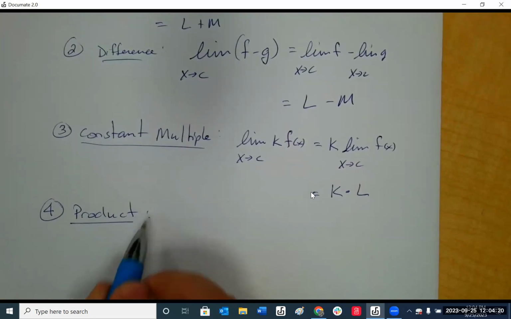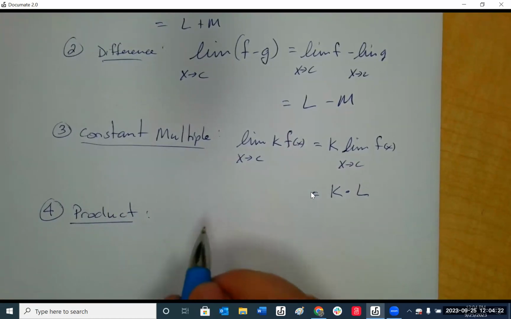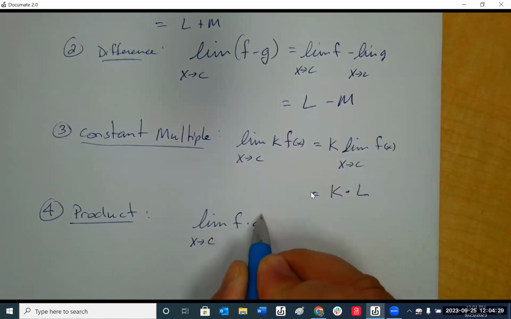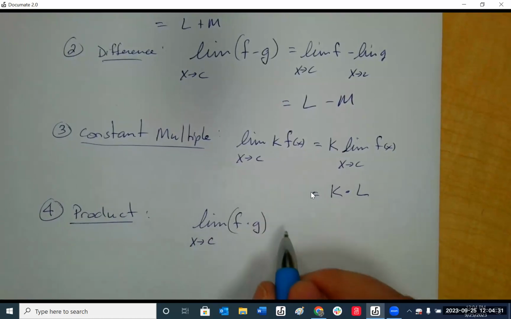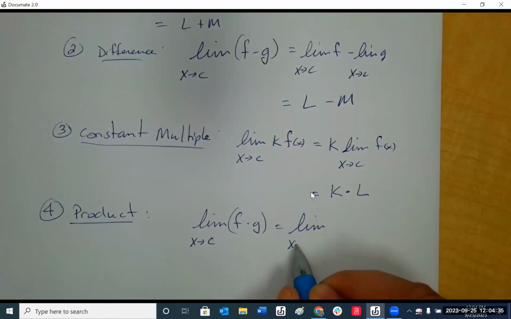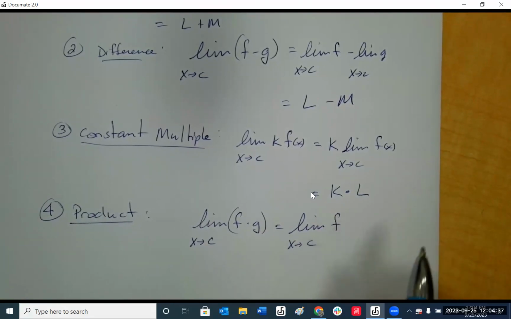The product property. The limit of f times g as x approaches c. These are supposed to have x in there; I'm leaving off the of x. They're functions of x.